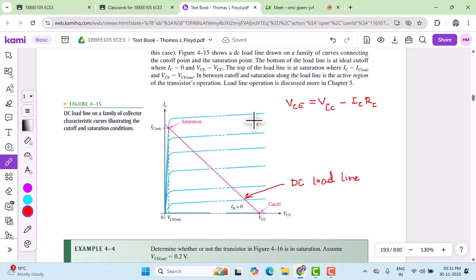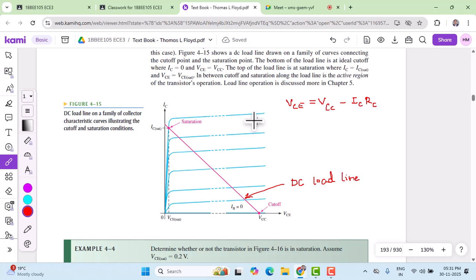The points on this line tell us which region the BJT is operating in. At one extreme point there is the saturation region, and at the other extreme point there is the cutoff region. In the cutoff region, both the collector base junction and the base emitter junction are reverse biased, whereas in the saturation region, both the collector base junction and the base emitter junction are forward biased.